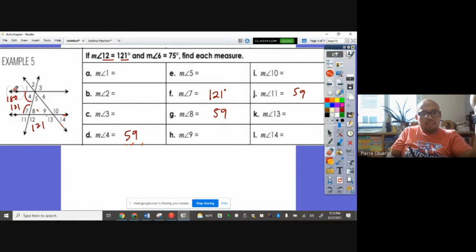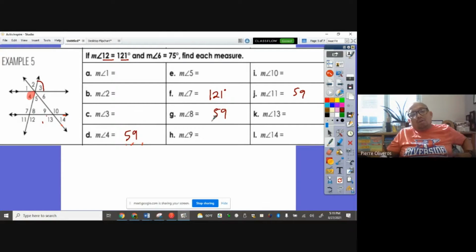Or you can say that 4 and 11 are both corresponding angles. If 11 is 59, then therefore angle 4 has to be 59 also. Now, if angle 4 is 59, what do we know about 4 and 3? 4 and 3 are vertical angles, so therefore angle 3 has to be 59 also.